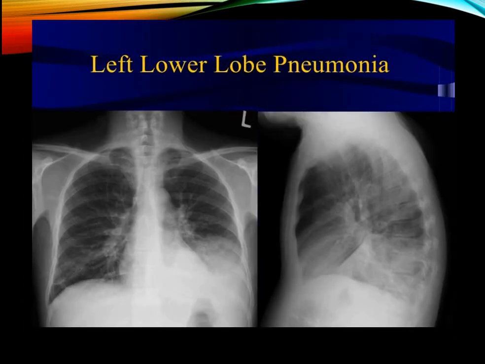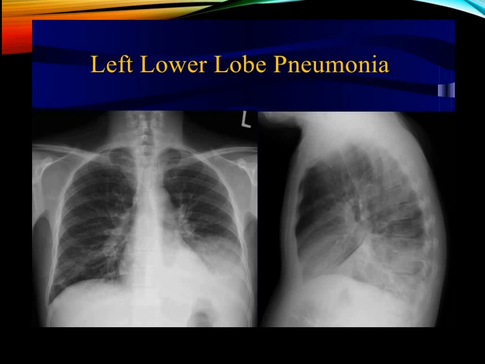In the PA X-ray we have patchy opacifications in the left lower lung zone. Again there are no signs of loss of volume, and this opacity is not obliterating the left cardiac border, so it is not affecting the lingula. But we see the left dome of the diaphragm, so it is located in the left lower lobe.